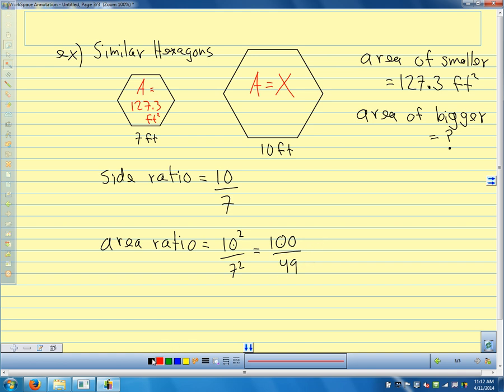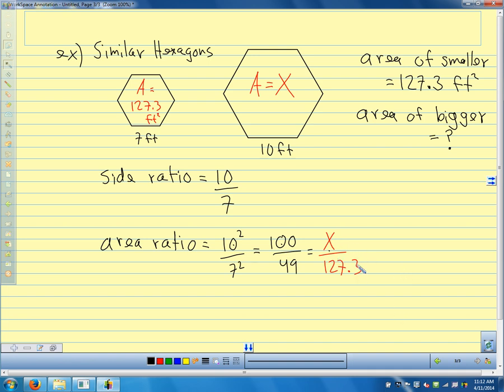So the area ratio is also big to small, X over 127.3. So I use the side ratios to get an area ratio, and then I use the area that the problem gave me to write another area ratio. And those have to be equal. Those are both the area ratios.